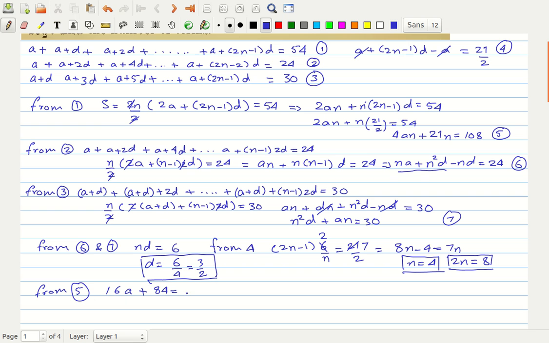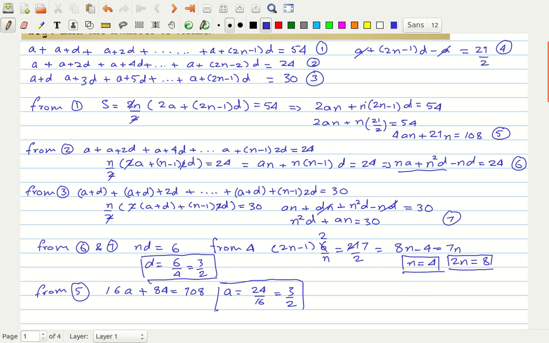This is equal to 108. So a is equal to 108 minus 84, so this is 24 by 16. This is also equal to 3 by 2. So we know the value of a.